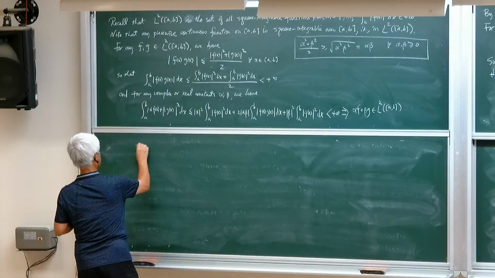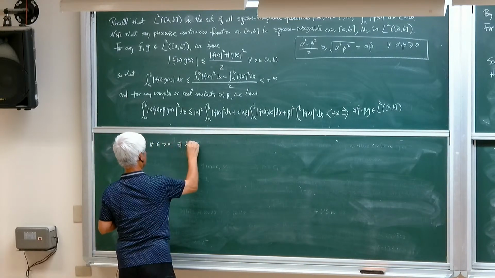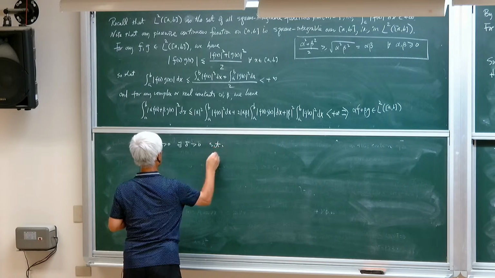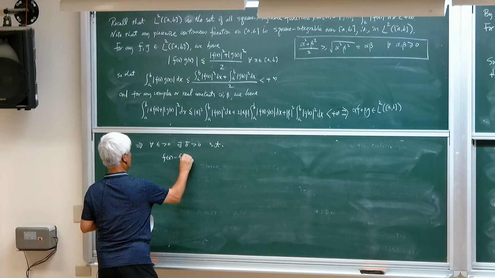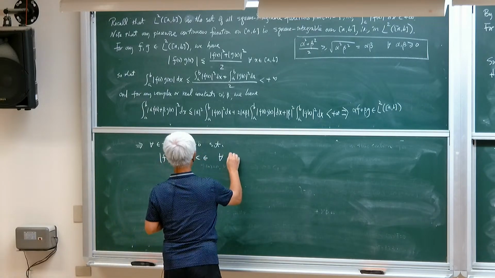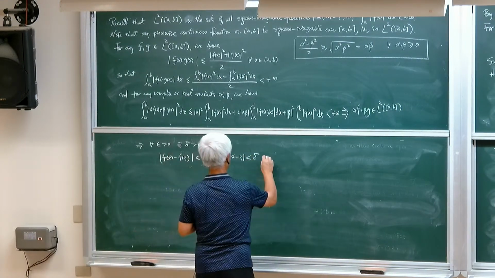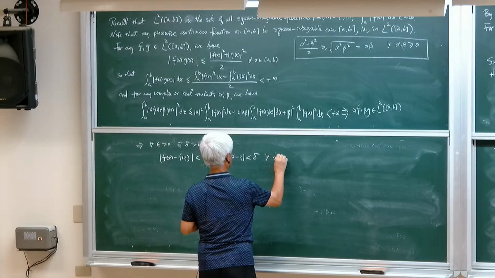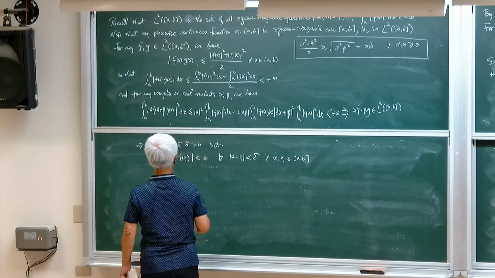So this implies that for all epsilon greater than 0, there exists delta greater than 0 such that the absolute value of f of x minus f of y is less than epsilon for all x, y in [a, b] with the absolute value of x minus y less than delta.